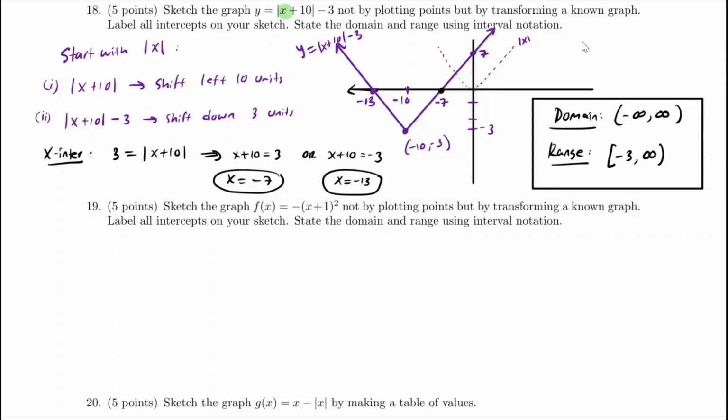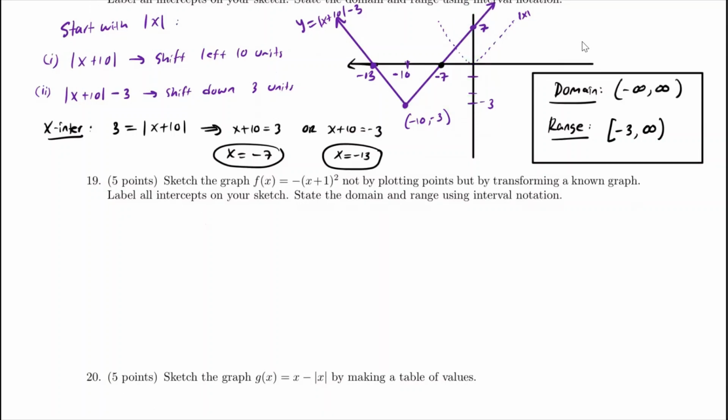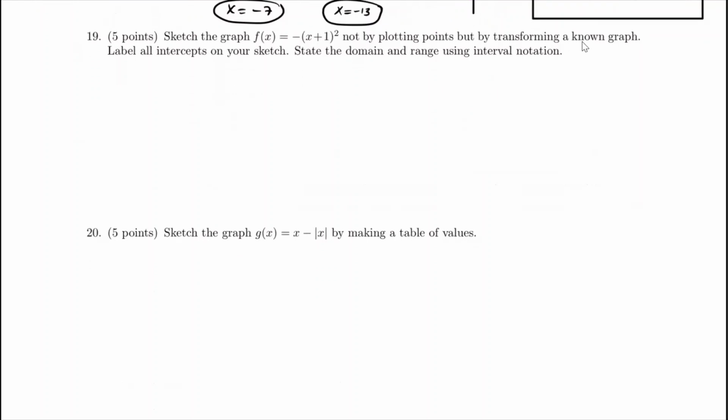All right, now let's take a look at the next problem. So number 19, we are going to make another sketch by using transformation again. So this time we're sketching x squared, and then we'll do transformations to that. So we're going to start with the graph of x squared. And then because of the negative in front of the parentheses, we're going to reflect.